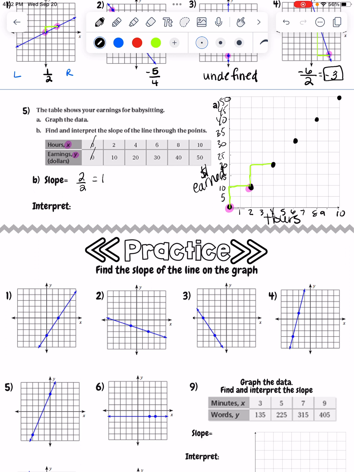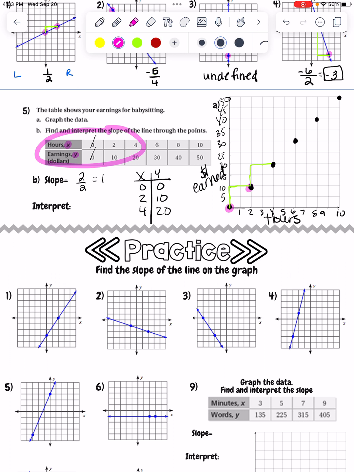Another way that you can figure out slope if you don't want to use a graph is that you can take your table here and make an XY table. I think you were in class when we did some of this. So we can take our XY table and plot our points. Our first point was 0, 0. Our second point was 2, 10. Our third point was 4, 20. I'm not going to do all of them because we only need 2 sets of points.